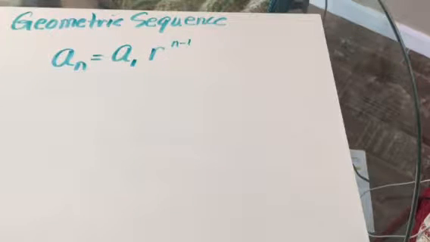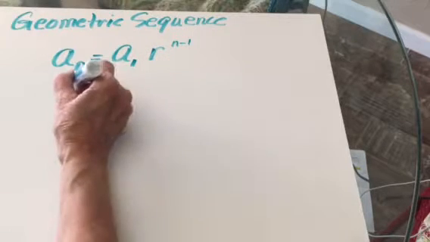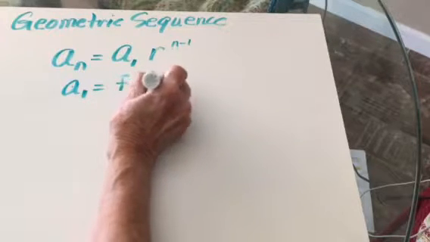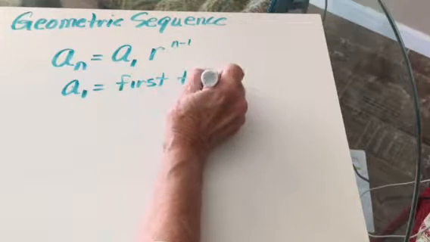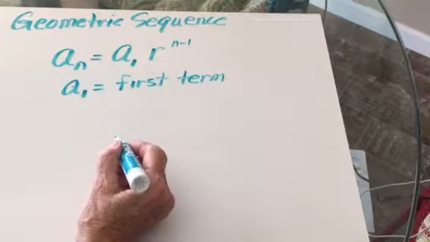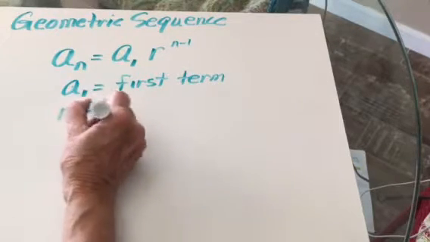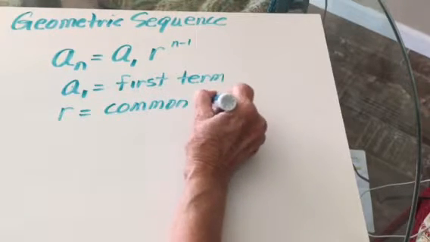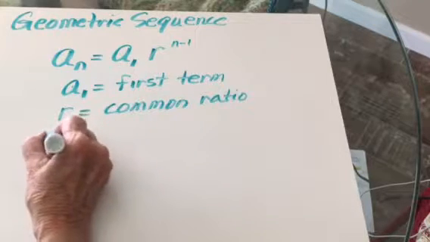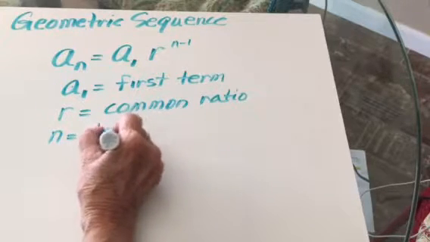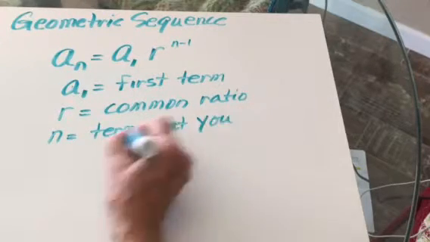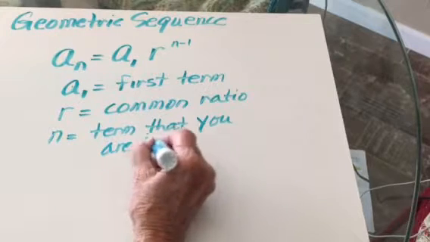All right, now here's what you need to write down. a sub 1 is the first term of the sequence that you see. r is the common ratio, and n is the term that you are trying to find.